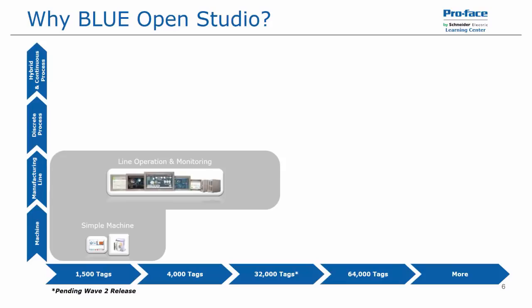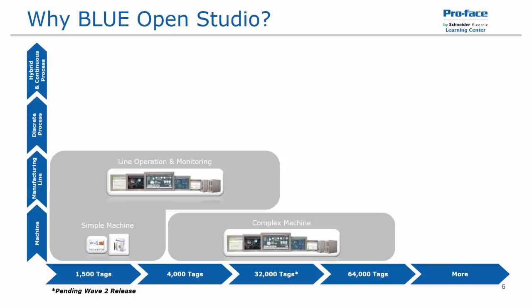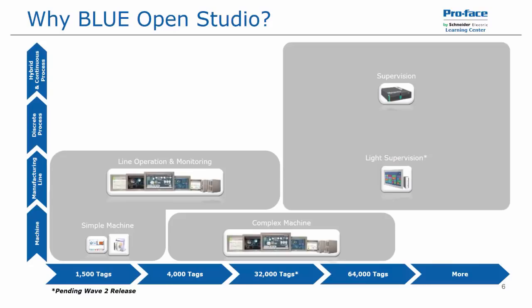Then for the master operation and control, we could do a line operation and monitoring, which could be anywhere from the 1500 to the 32,000 tags. Or it could be more of a complex machine, which could run the gamut of the 4,000 to 64,000. And then for the plant server, it could be anything from our supervision or our light supervision tag counts, which are the 32 and 64, essentially giving you the capability of generating and collecting massive amounts of data.